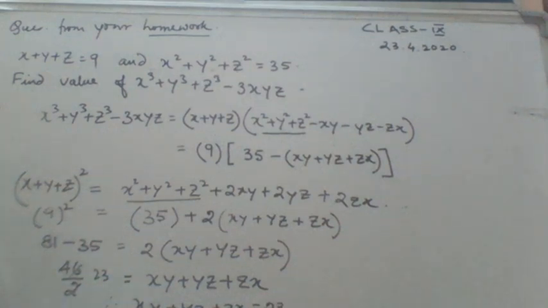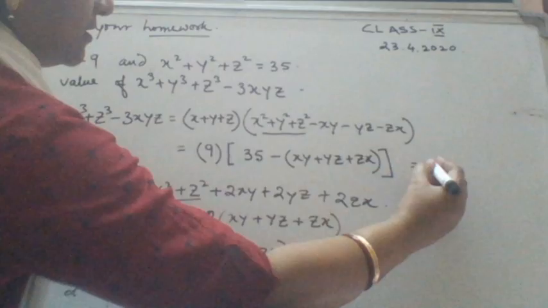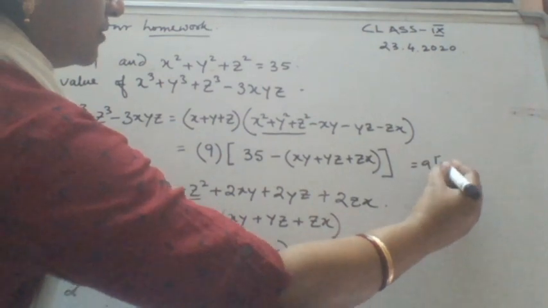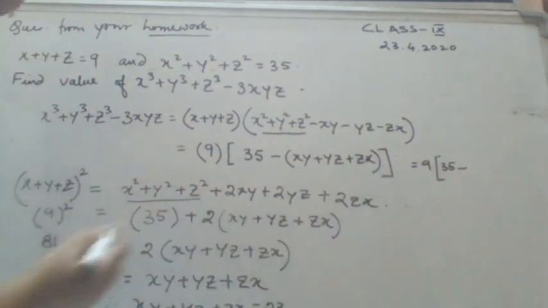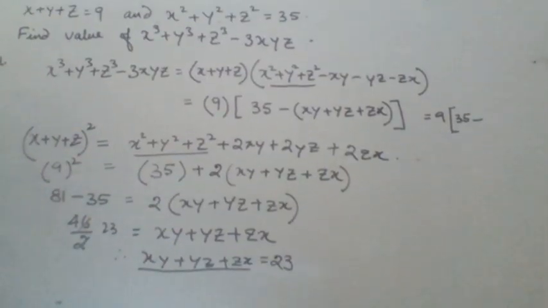Now you substitute this value over here and then you will get the exact value of this part. So let us do. Therefore we substitute it: 9 into 35 minus, is everything visible to you, my dear students, please?